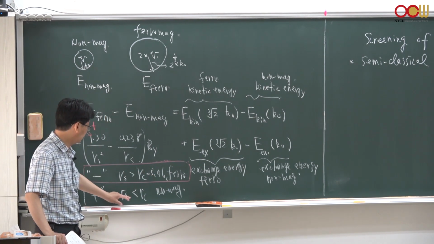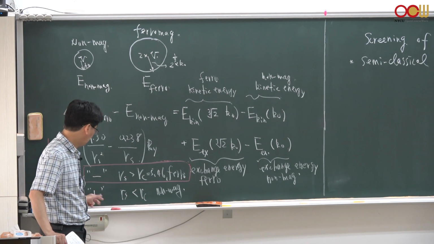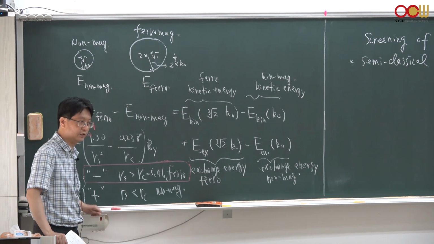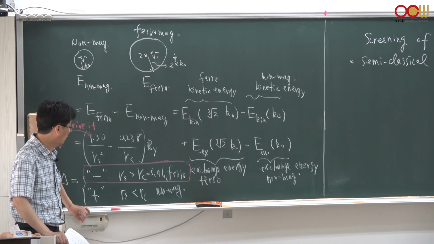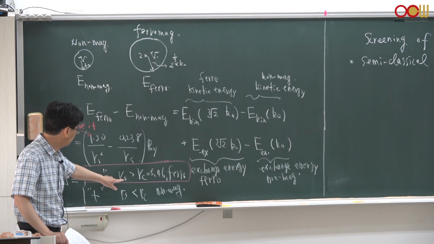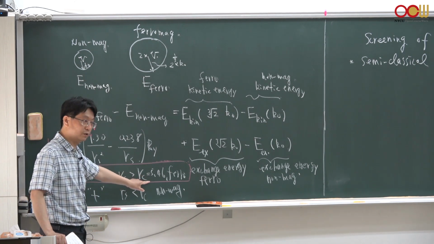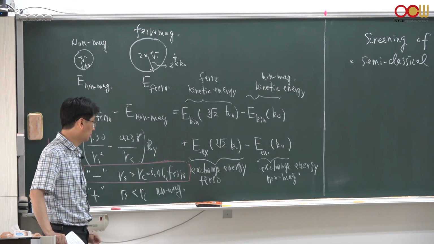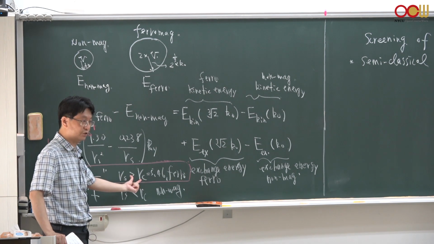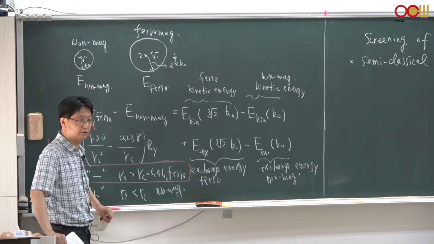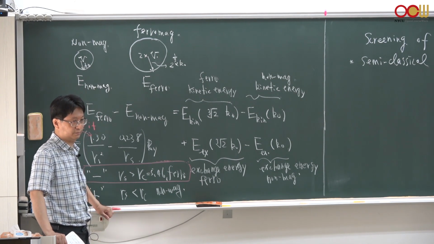But if Rs is smaller than Rc, then this delta is positive, so that the non-magnetic state is more stable. Which means that the Hartree-Fock theory predicts that when Rs is greater than the critical value, those metals should be ferromagnetic. But of course, these predictions are wrong, because if Rs is bigger than Rc, still many metals are non-magnetic, and they are not ferromagnetic metals.